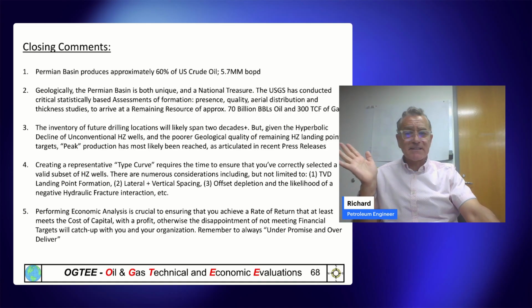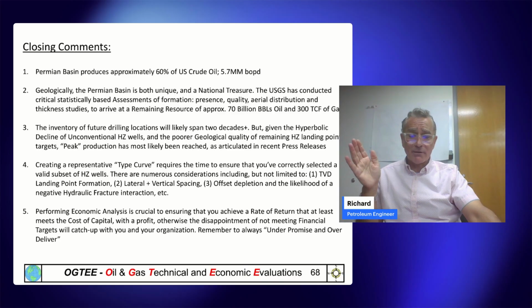Now, creating a representative type curve requires the time to ensure that you've correctly selected a valid subset of horizontal wellbores. Never be too scared to delve into a very detailed arena. You'll be surprised at what you see if you haven't done it already.